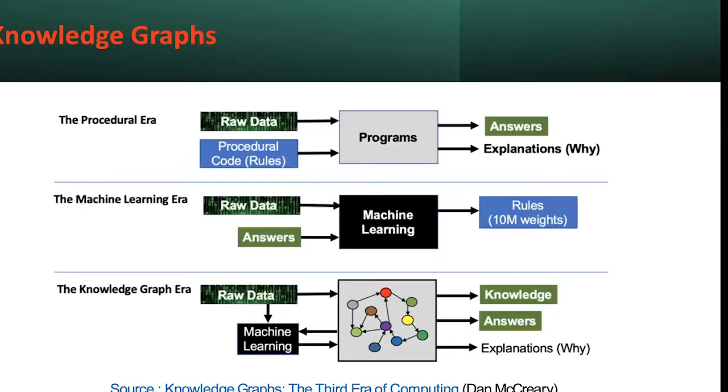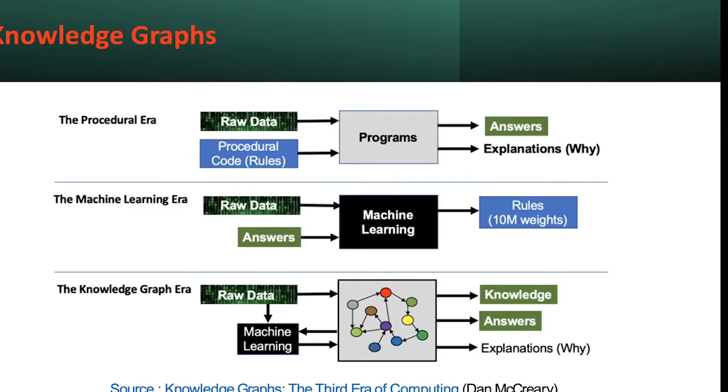I'm sure many of you must have seen the first two parts of this, where we talk about how the era of computing has evolved, from the procedural era, where we code certain rules on the raw data and get the answers, and also try to explain those answers with those procedural codes.